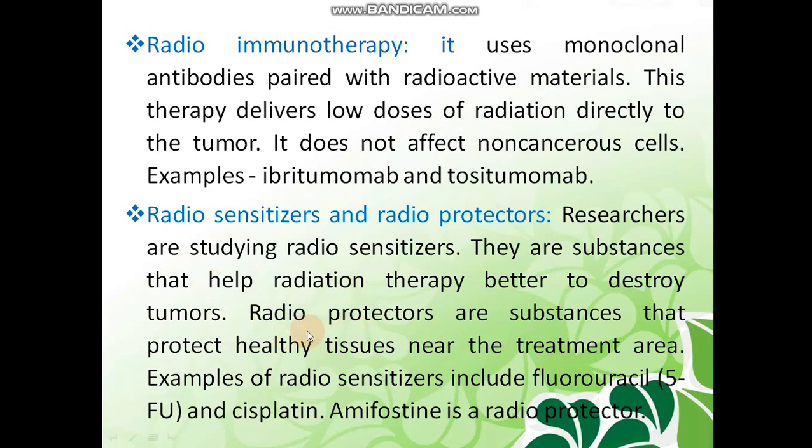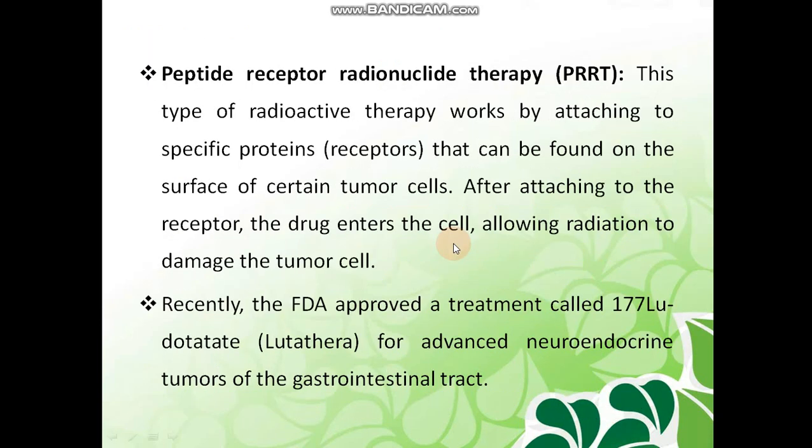One example is amifostine. Hence, we are doing combined therapy in most cases. Combined therapy is seen as most effective in cancer treatment: radiation plus chemo plus sometimes surgery. Now immunotherapy is also coming. And the last one is peptide receptor radionuclide therapy.